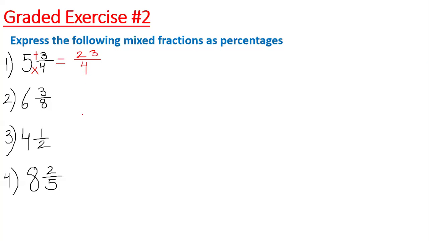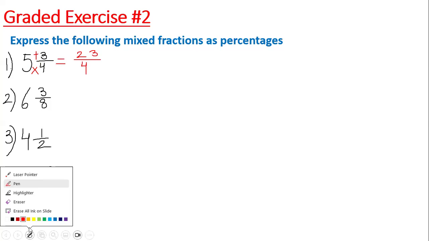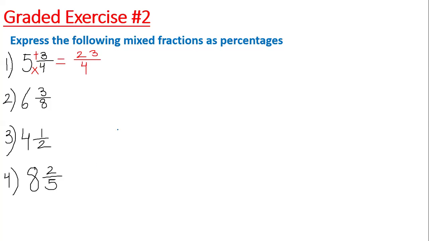Then we have 23 over 4. We're gonna multiply that by what? 100 over 1. Multiply that by 100 over 1.